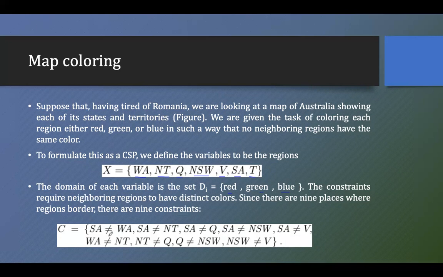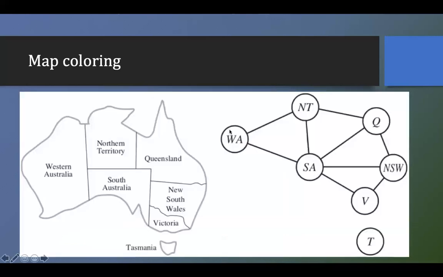How is it? It is based again on these values. So we have South Australia. South Australia is attached with Western Australia, Northern Territory, Queensland, New South Wales, and Victoria, right?